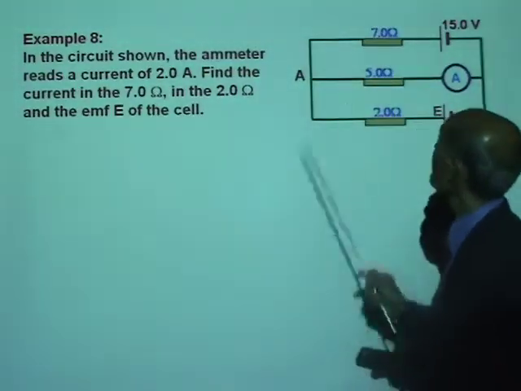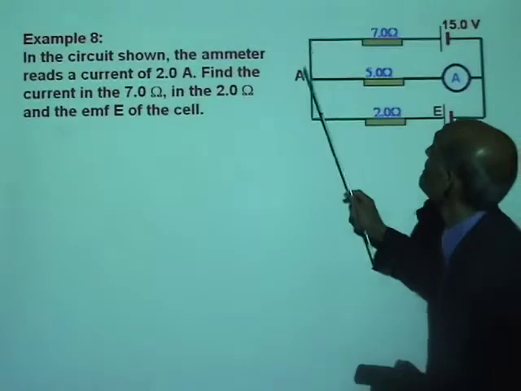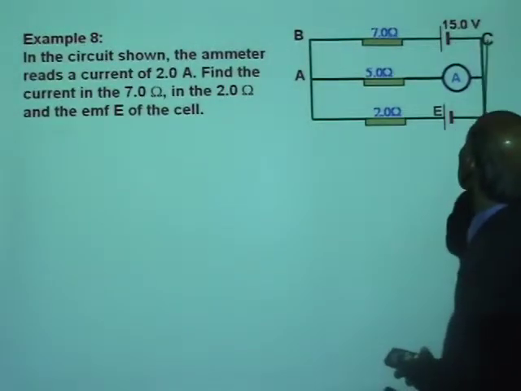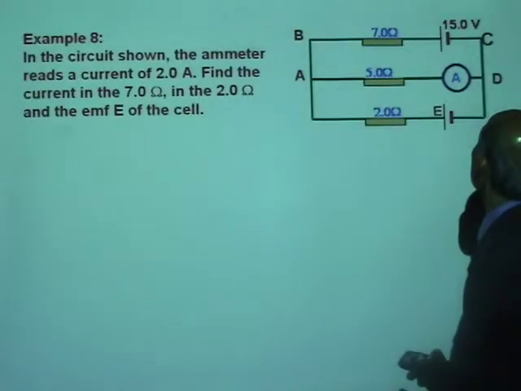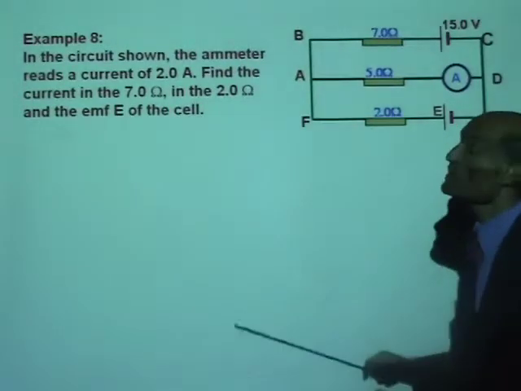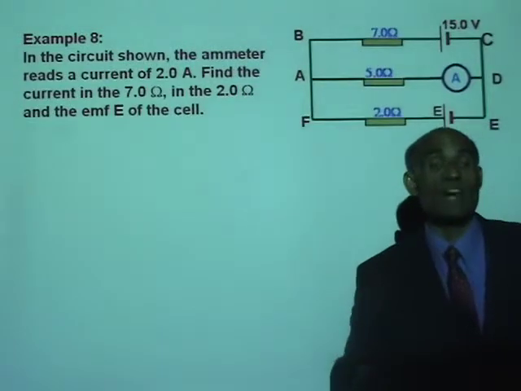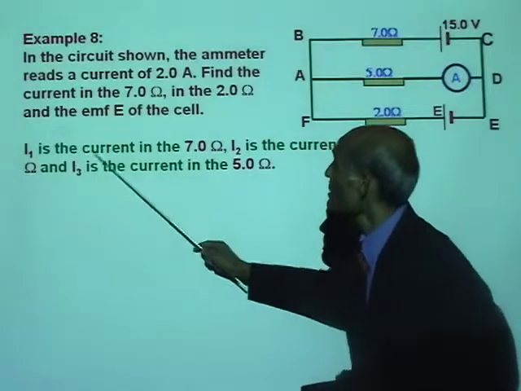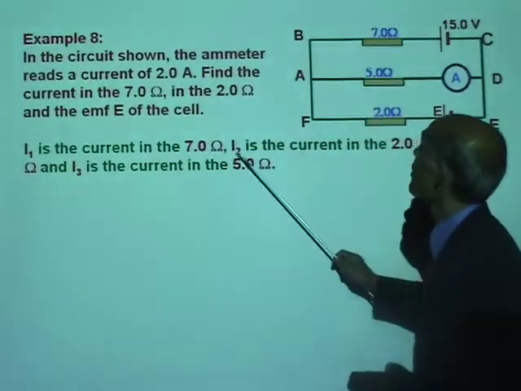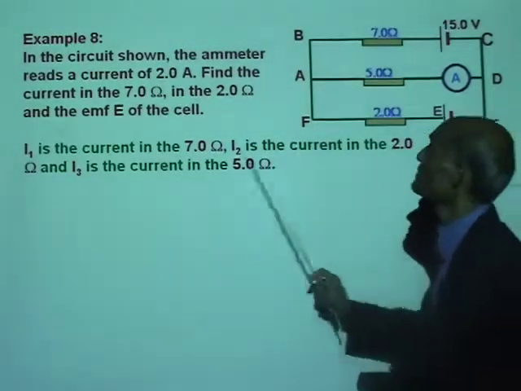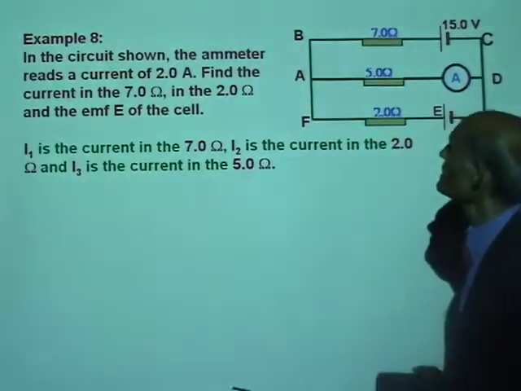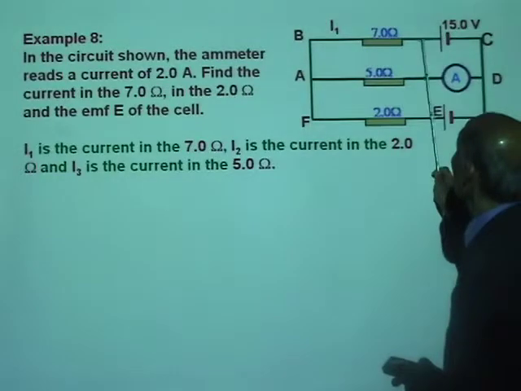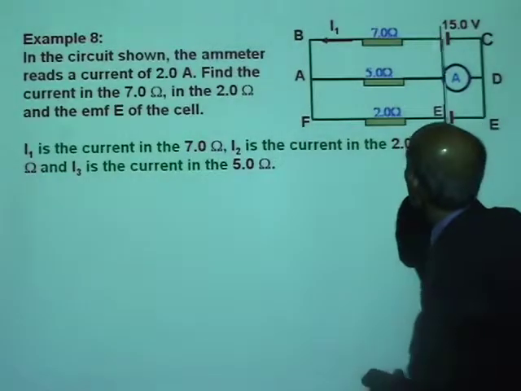Let's first give names to these junctions. Let that be A, that B, that C, that is D, E, and F. These names are important for us to trace out our loops. Let I1 be the current in the 7 ohm, I2 the current in the 2 ohm, and I3 the current in the 5 ohm.